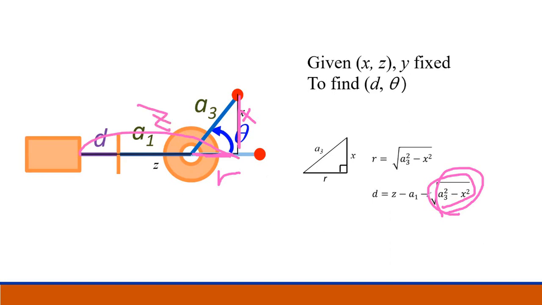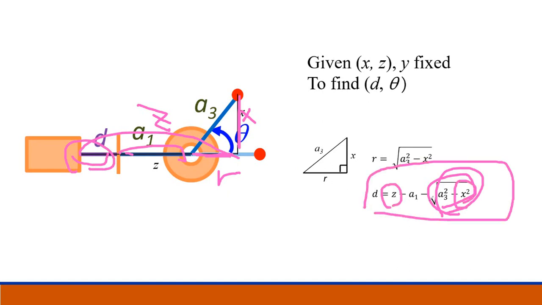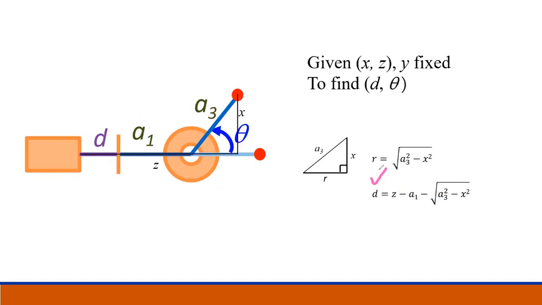So you minus that one, minus your a1, you get your d. g is something you know. x is something you know. A1, A3 are also something you know. So you can solve for d. And you can also solve for theta using x over a3. So then theta and d are solved.